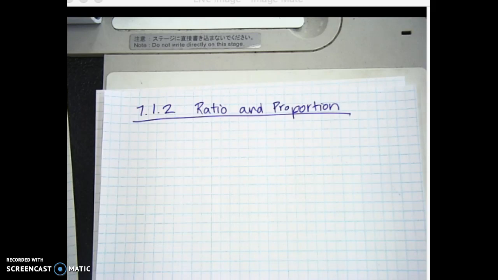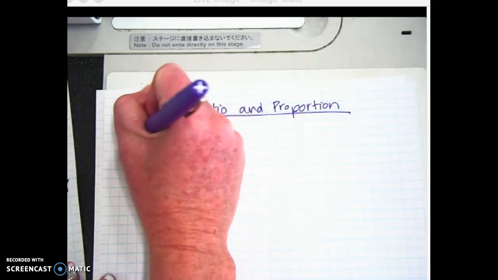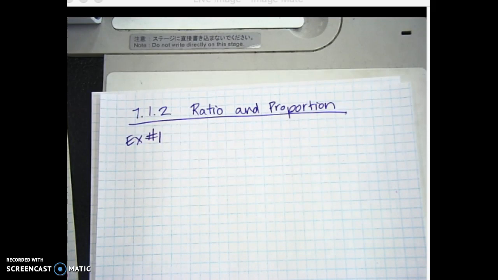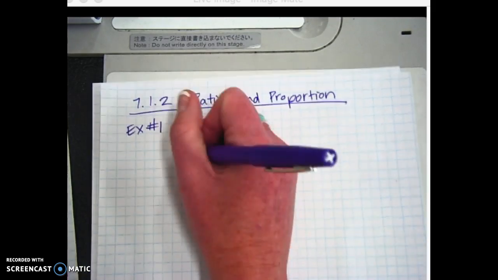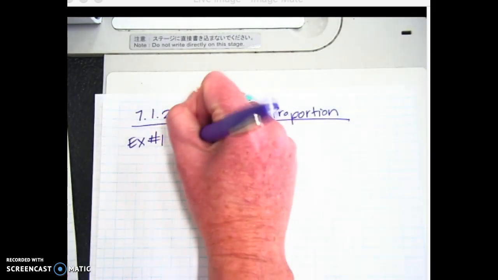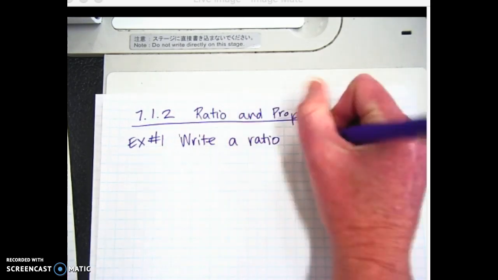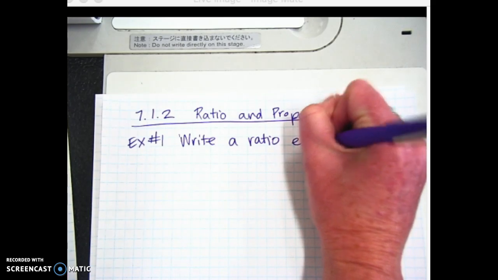Okay, so today we're going to focus on the ratio part. And the most famous ratio that you're going to see from an algebra perspective is slope. So we're going to write a ratio expressing slope.